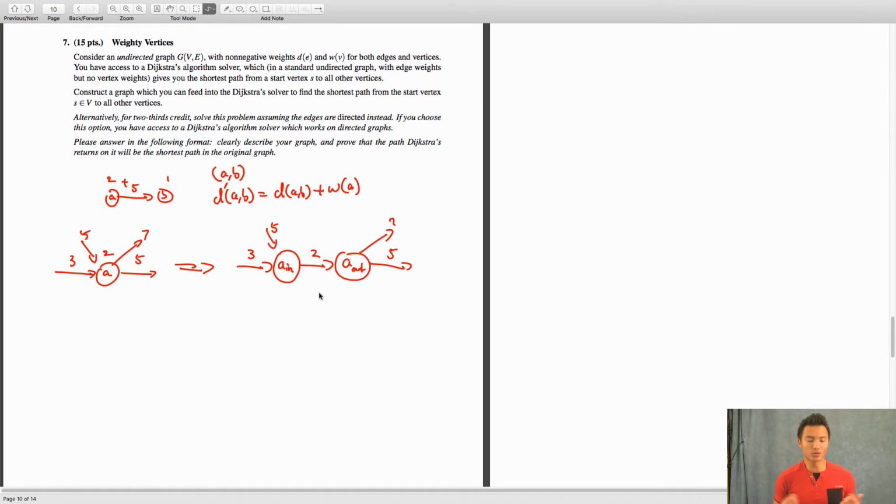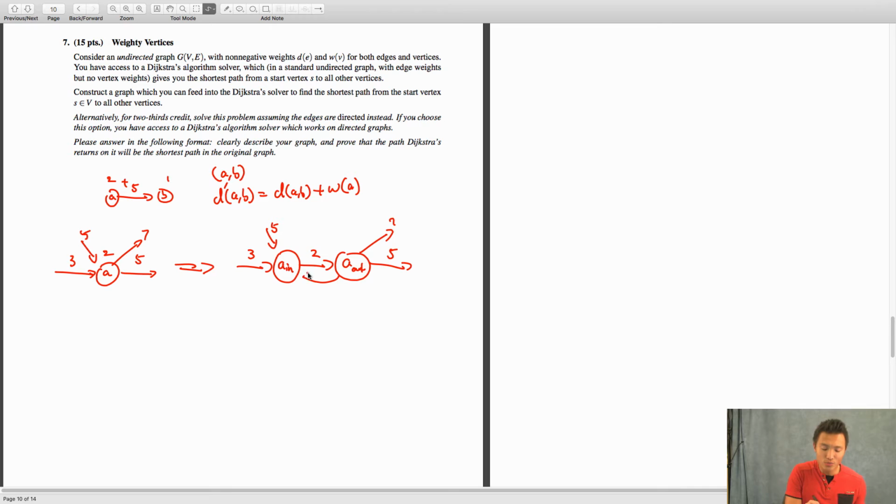Now, okay, this is only 2/3 credit, right? And I mean, we don't want that. So let's think about the undirected case. How can we build off this and make it undirected, right? This is one way. I could just add a directed edge back here. But that does not necessarily work because remember, Dijkstra will only look at one edge once, right?